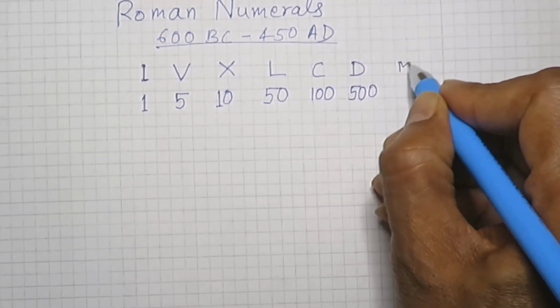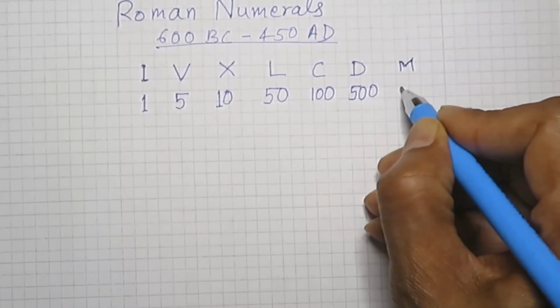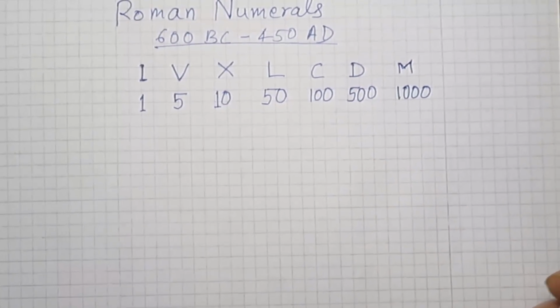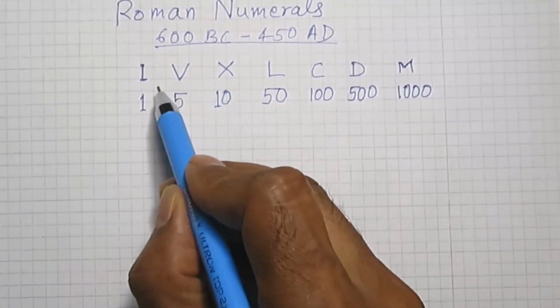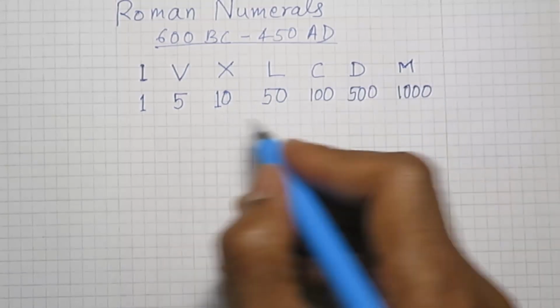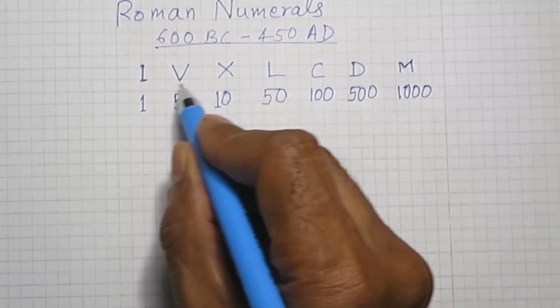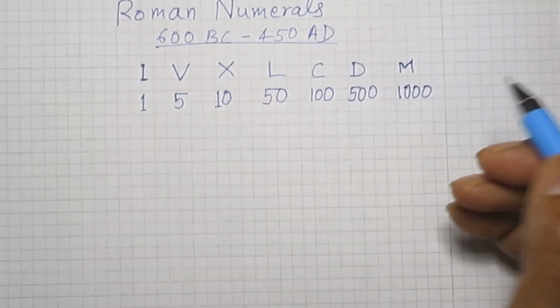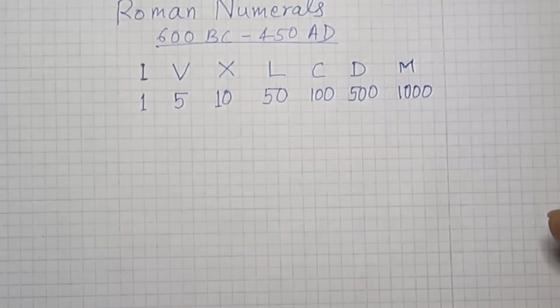And lastly M for number 1000. So there were only 7 numerals. Using only these 7 numerals, all the other numbers have to be formed.